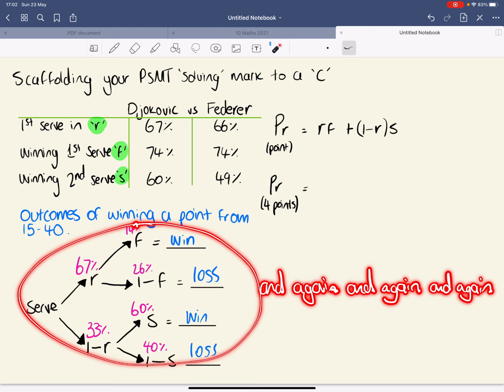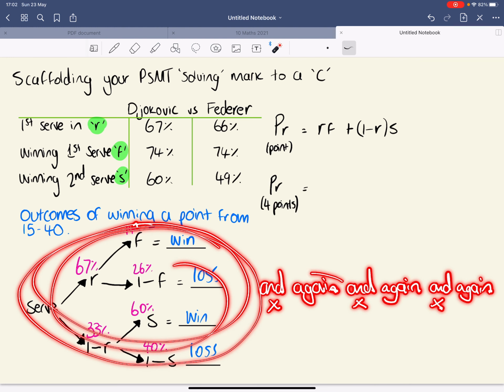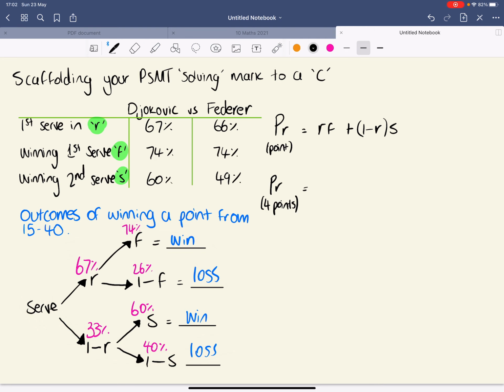So we need to essentially, ready, all these ands, we need to multiply this model by itself. And how many times are we doing this? Well, once, and then twice, and then 3 times, and then 4 times. So we're going to go ahead and essentially just raise the power of this model to 4.